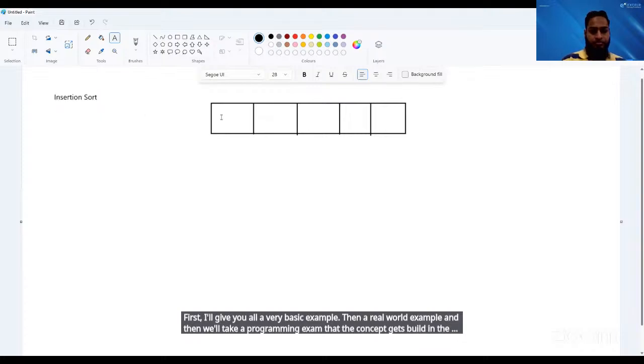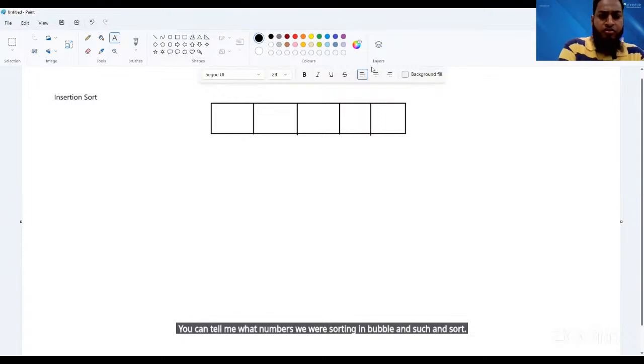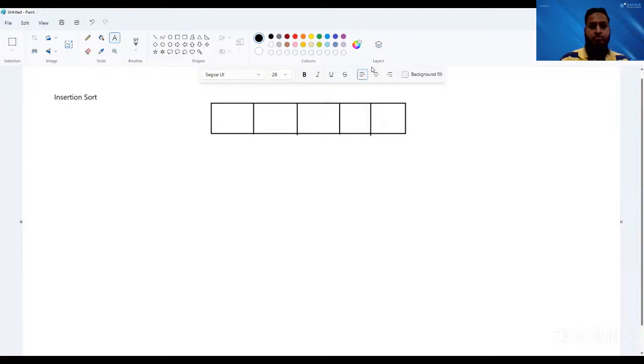Okay. What were the numbers? Who has a photographic memory? Who can tell me what numbers we were sorting in bubble and selection sort? Before sorting, what was the number sequence? Who can tell me? 6, 7, 2, 5, 3.